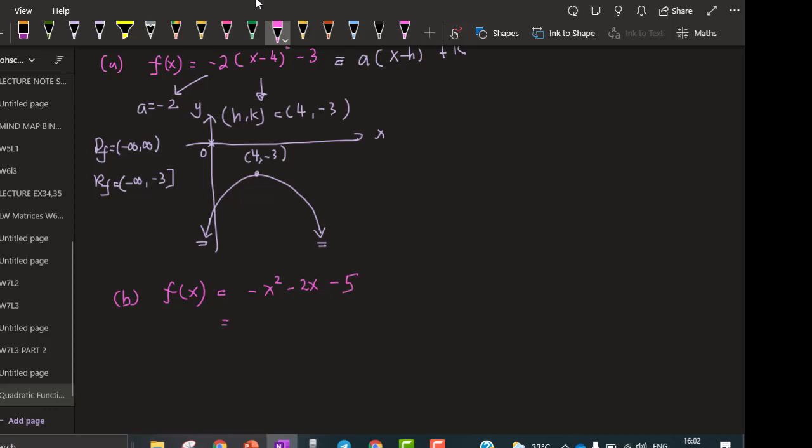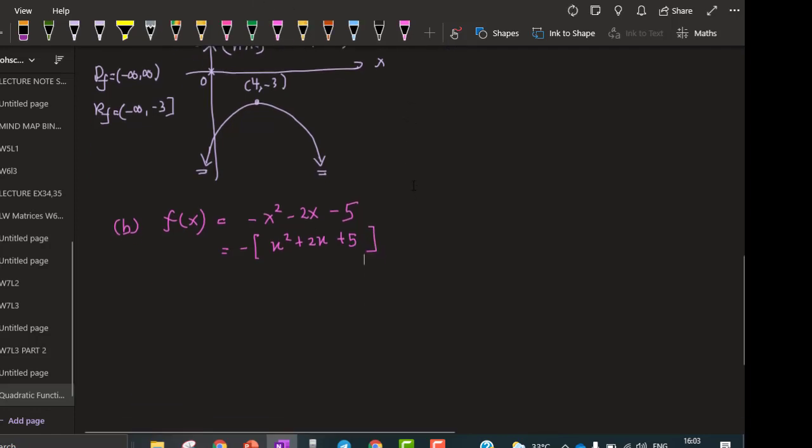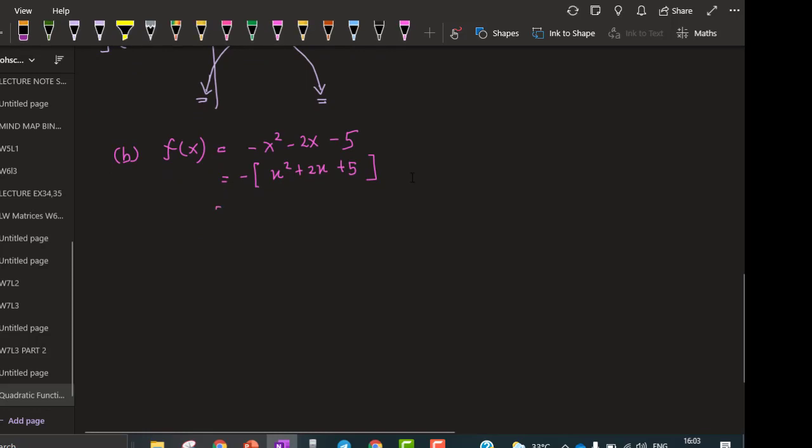So we do the factorization. Negative is outside, so inside is x squared plus 2x plus 5. Negative, put it outside first. So it means it's a -1. Your a value is -1.